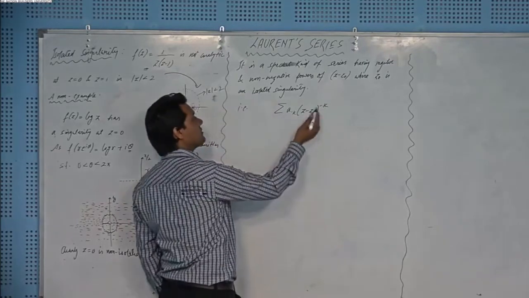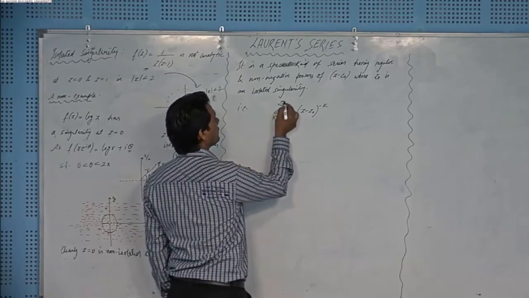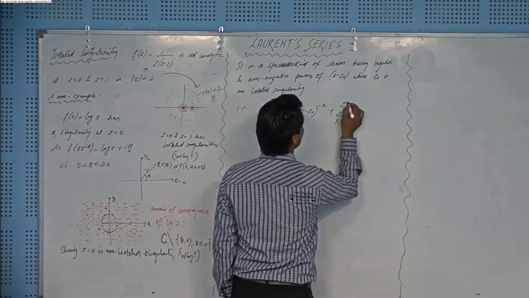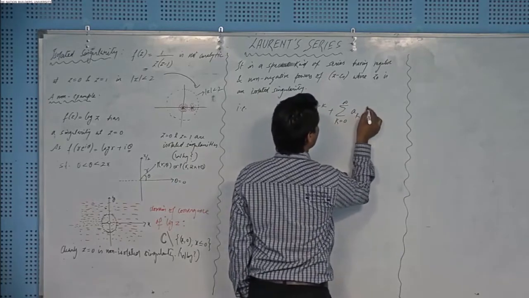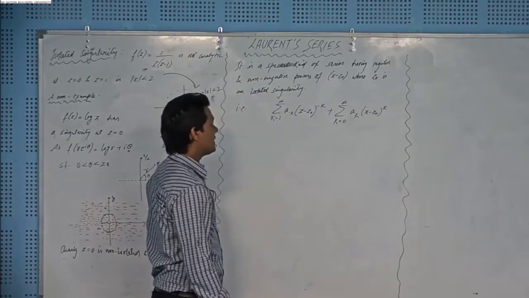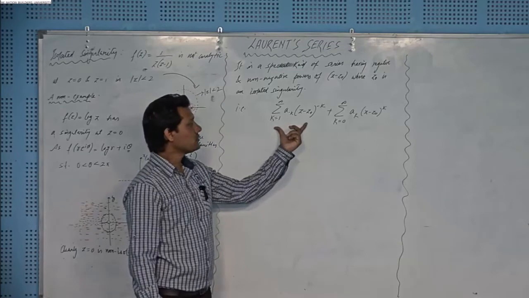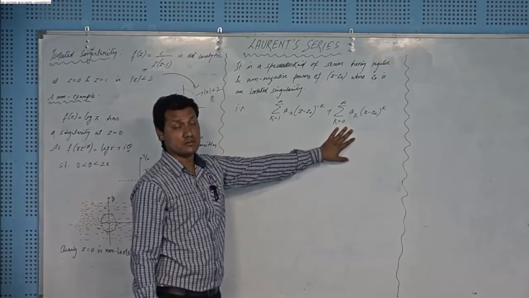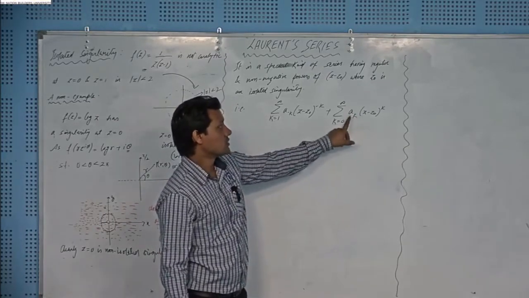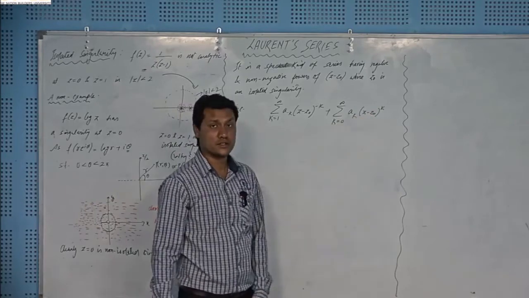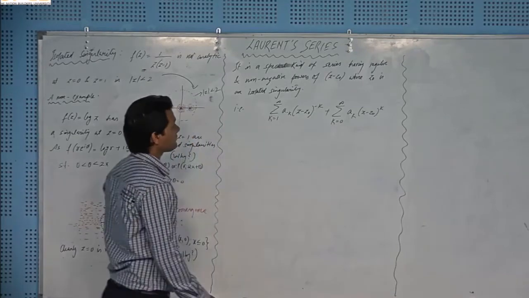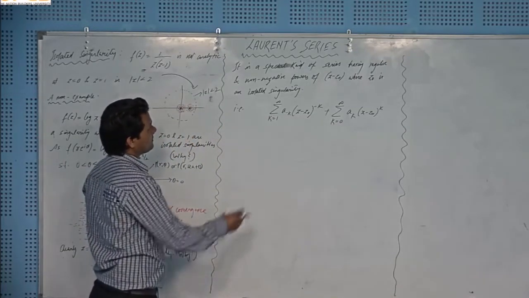These are the negative powers of z minus z naught, and we start with k equal to 1 to infinity, and then positive powers also, k equal to 0 to infinity, a k z minus z naught to the power k, right? So you can see that this part will contribute the negative powers of z minus z naught, and this part will contribute the non-negative powers of z minus z naught. Why are we calling it non-negative? Because there will be a constant term also, a naught, and this will be 1, right? So the constant term will be treated as a non-negative power of z minus z naught, right? Okay, so this is the idea.